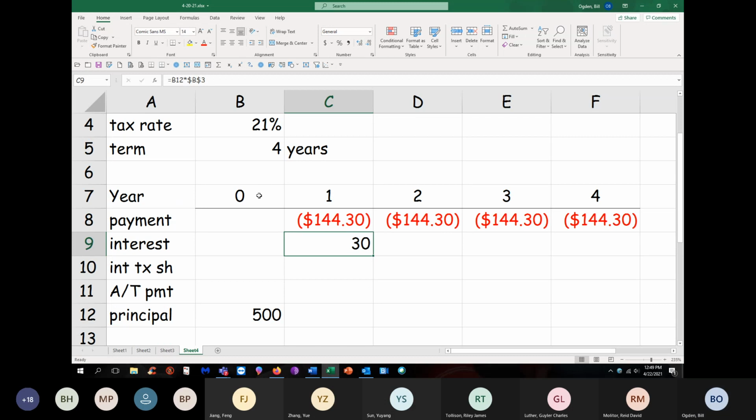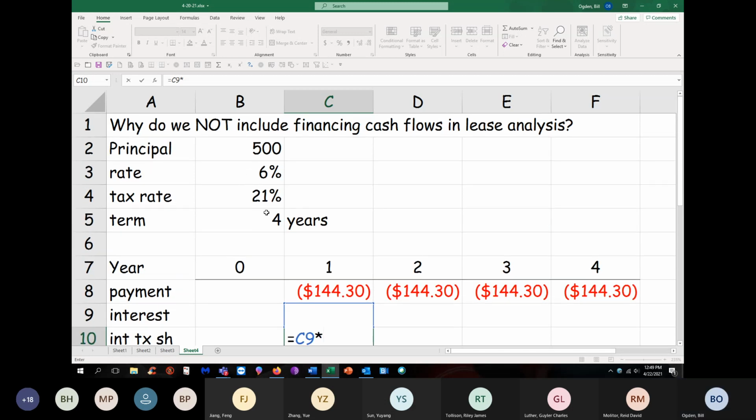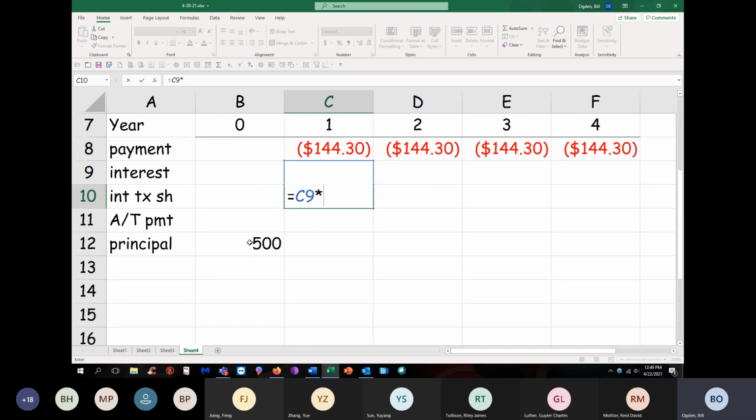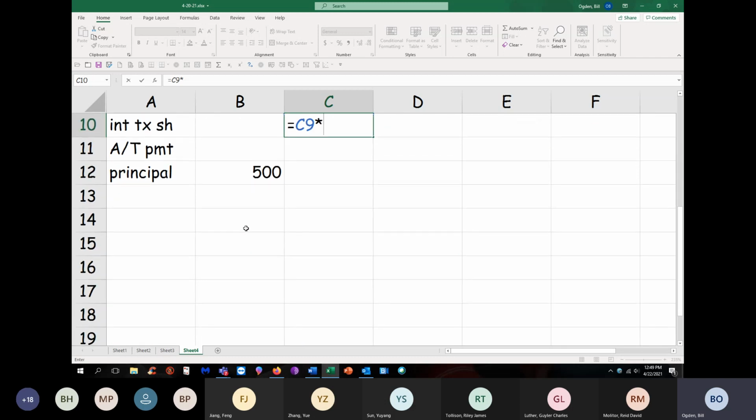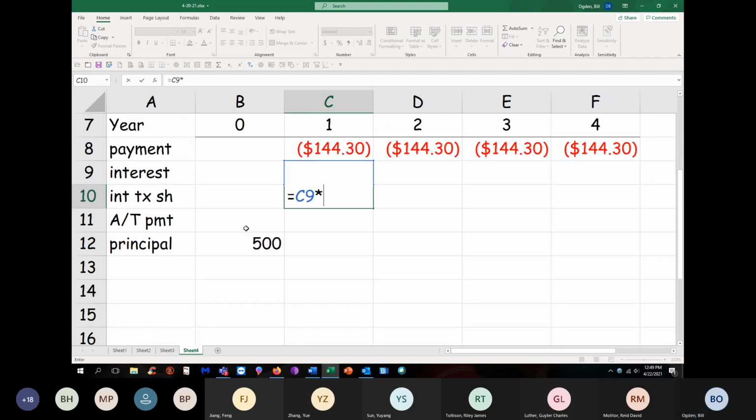All right. So the interest tax yield, I think I did it in the wrong order. That's okay. We can do it. Interest tax yield would be the interest times the principal. So let's see, where am I at?